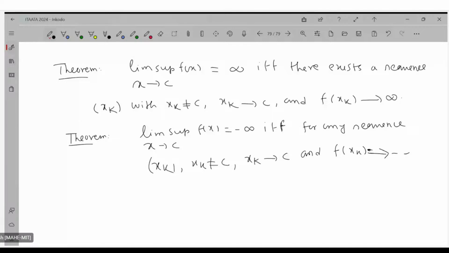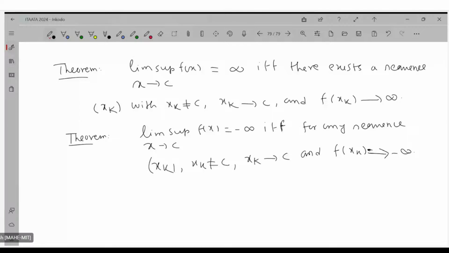If for all sequences f of xk converges to minus infinity, then lim sup of f(x) will be minus infinity. Similarly, consider the infimum case. It will be minus infinity if and only if there exists a sequence for which f of xk converges to minus infinity, and lim inf will be infinity if for all sequences f of xk converges to infinity. So just reverse the process. This will help us to evaluate lim sup or lim inf of a function.